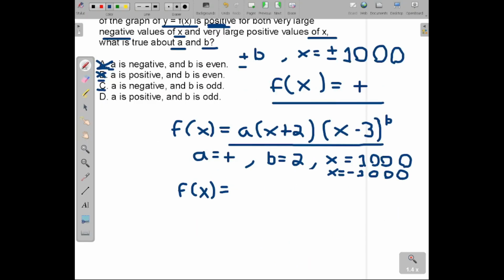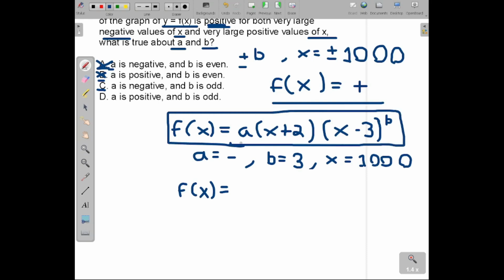Now let's see for C. A is negative. So A has to be negative, and B has to be odd. It could be 3. We're replacing in the function. A is negative. X is 1000, 1000 plus 2 is 1002, positive. 1000 minus 3 is 997, which is positive.